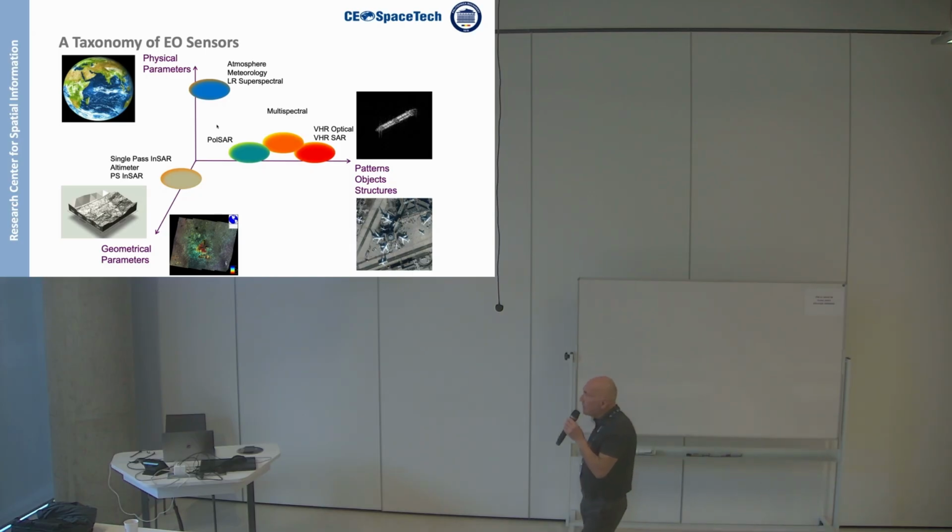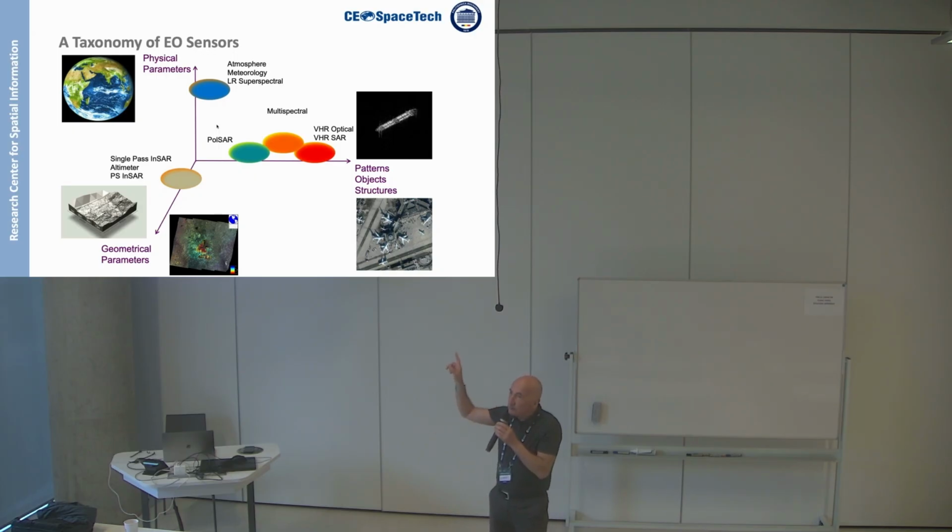But Earth observation is characterized by sensors which are very specific, which sometimes measure only one physical parameter, like ozone concentration, ocean temperature. So I have sensors which are dedicated to one physical parameter, or to geometrical parameters like interferometry, tomography, and stereo.